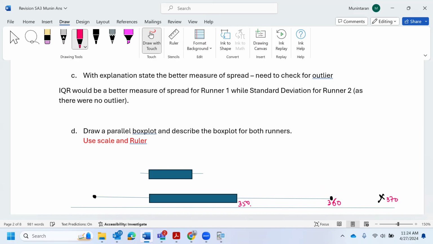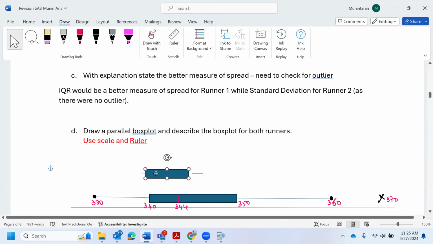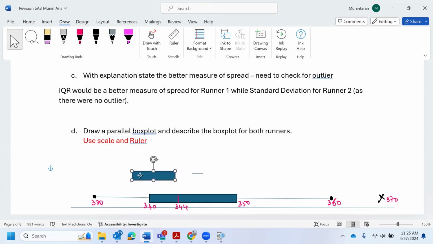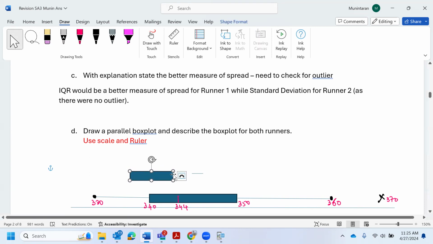350. Median, 344. All right, 344. 340. And 330. Whereas this is 3. We need to shift. Does it move all together? It should be a bit more smaller.